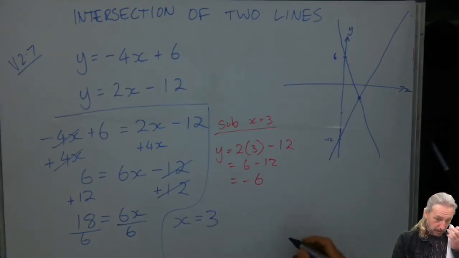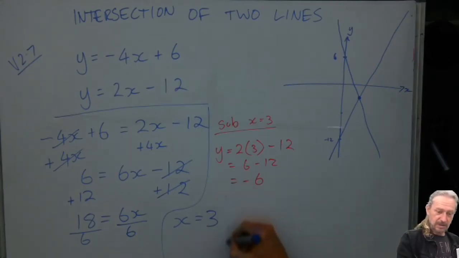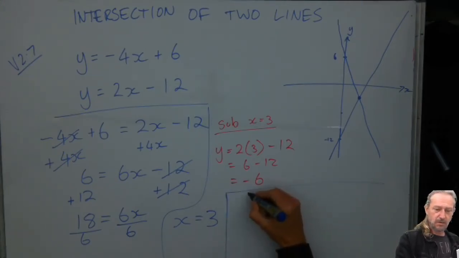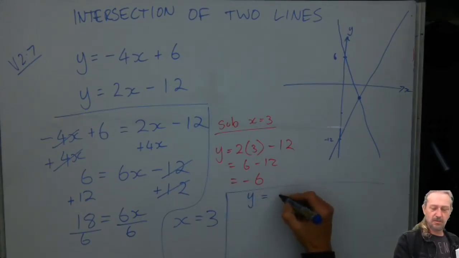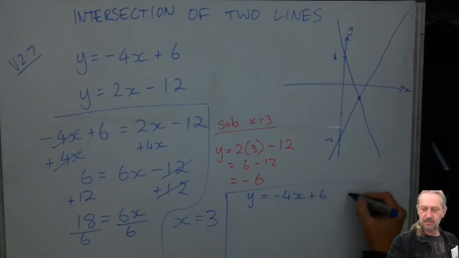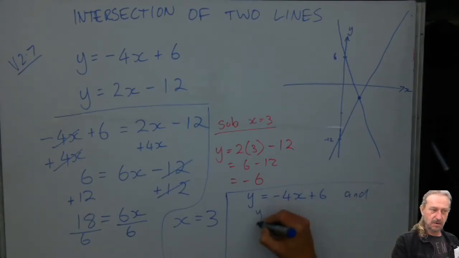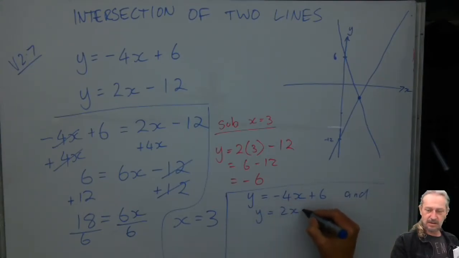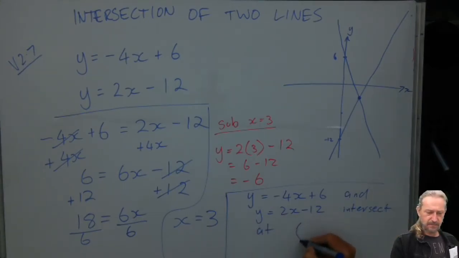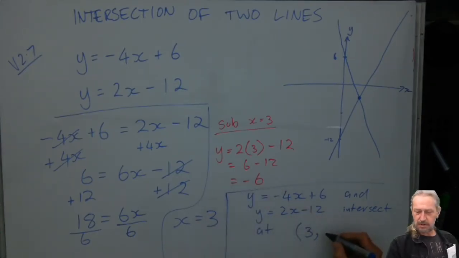So let's just write this as a sentence. So y equals negative 4x plus 6, and y equals 2x take 12, intersect at our x coordinate, our y coordinate, negative 6.